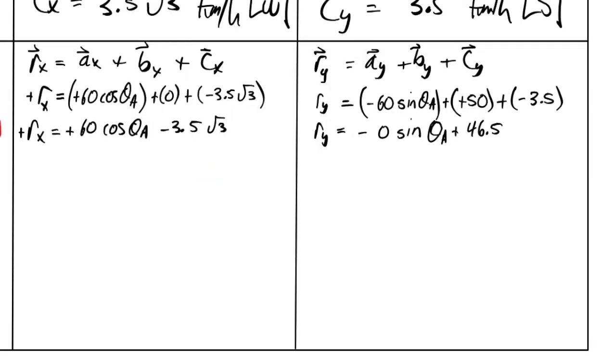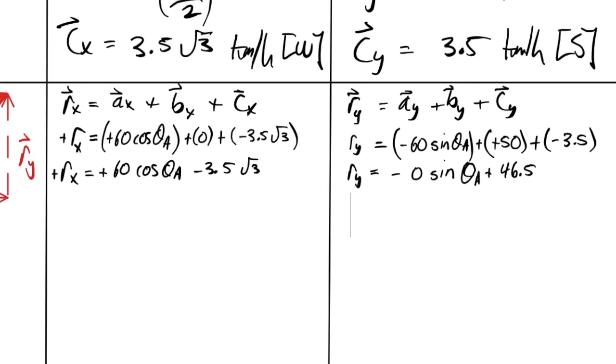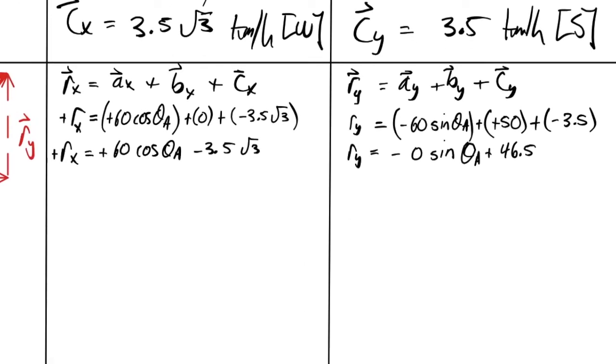All right. So now that we've copied that information, what's different is now this value for Ry is not 0. So here is our problem. I'm going to highlight all the unique unknowns. We've got our theta A, so that's one unknown. Then we have our Rx, that's two unknowns. And now we have our Ry.